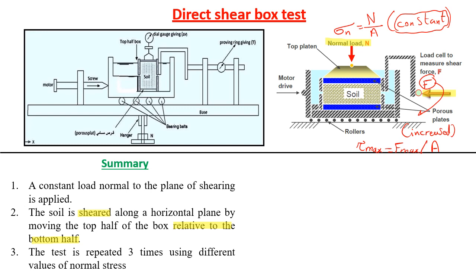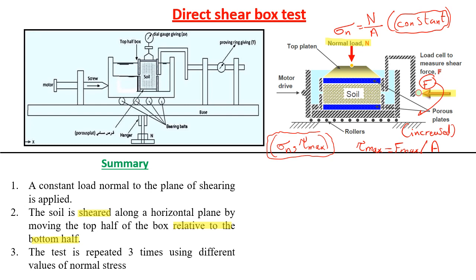So after you have done your first test, you will have a value of sigma normal, which is the normal stress on the soil, which was constant, and you have tau maximum, the maximum shear stress at which the soil fails.